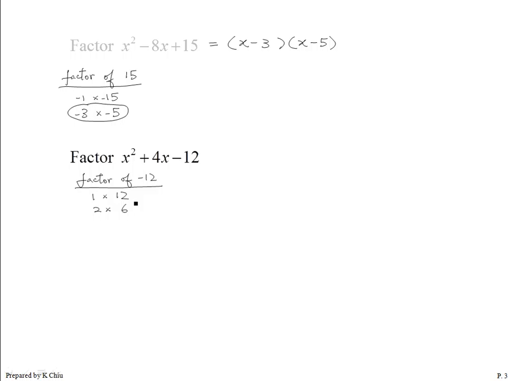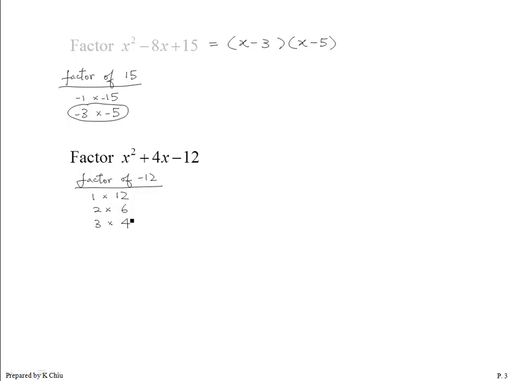How about 3? Can 3 go into 12? Yes, 3 times 4. And then the next one should be 4. But hey, look at the other side. I already have 4. If I continue, then I have the same pair. So I'm done. We have 3 possible pairs.